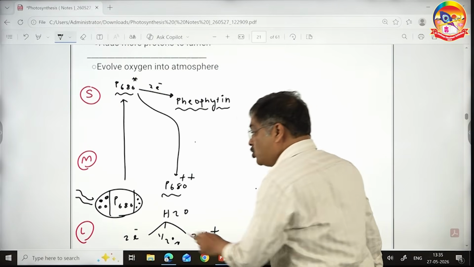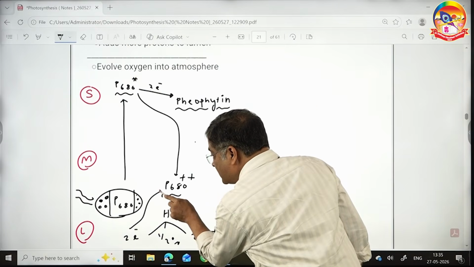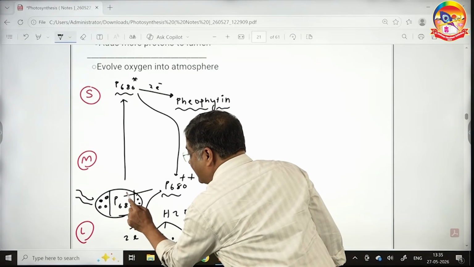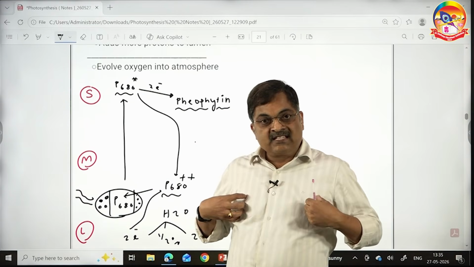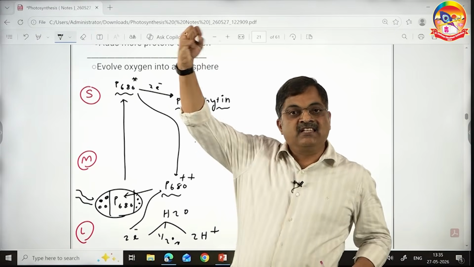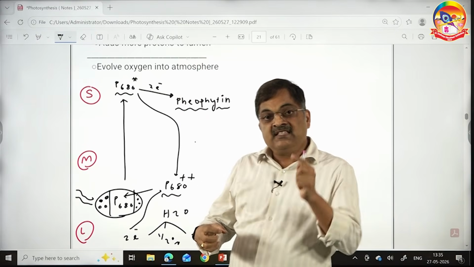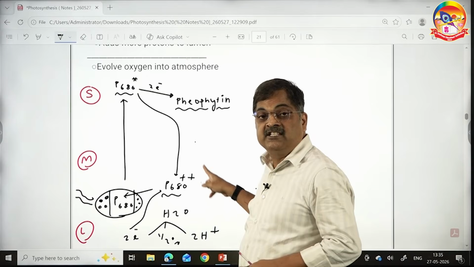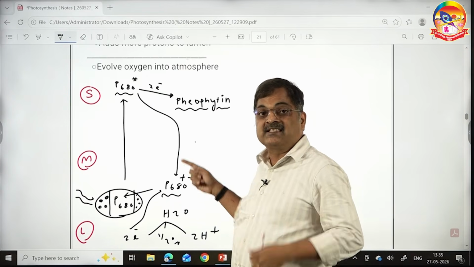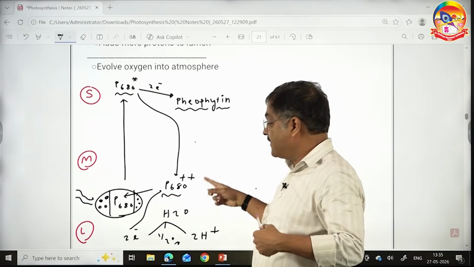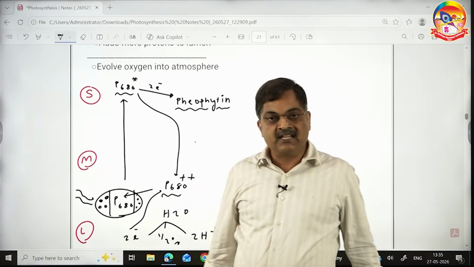Now, these 2 electrons go to P680 plus plus such that it can become P680. Now you understood. P680 plus light, P680 star. P680 star becomes P680 plus after losing 2 electrons. P680 plus after gaining 2 electrons from water again becomes P680.